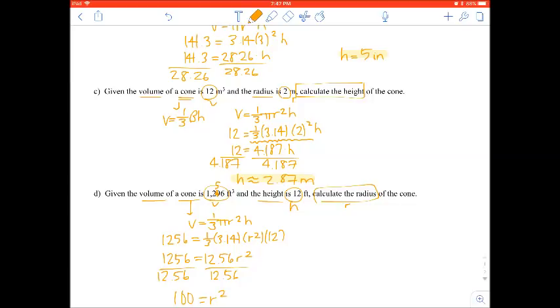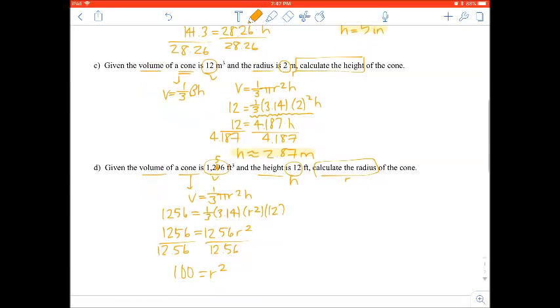And if you recall from the previous part of the unit, to undo a square, you take the square root. So show that square root on both sides. Normally we would write both a positive and a negative 10, but here we're only going to write the positive because it's a measurement. We're looking for the radius. And then if you include the units on that problem, we have the radius is 10 feet.